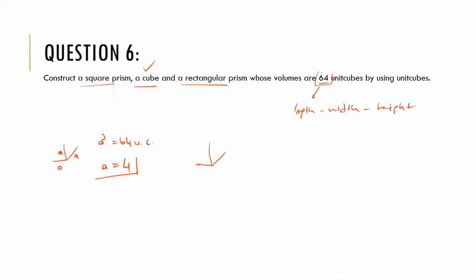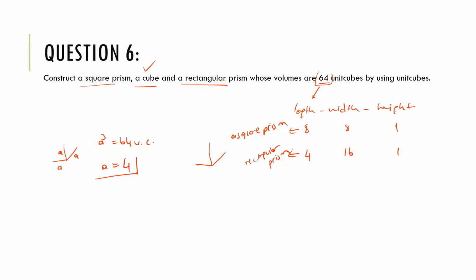So 64 can be 8, 8, and 1. It is a square prism. So it can be 4, 16, and 1. It's a rectangular prism.